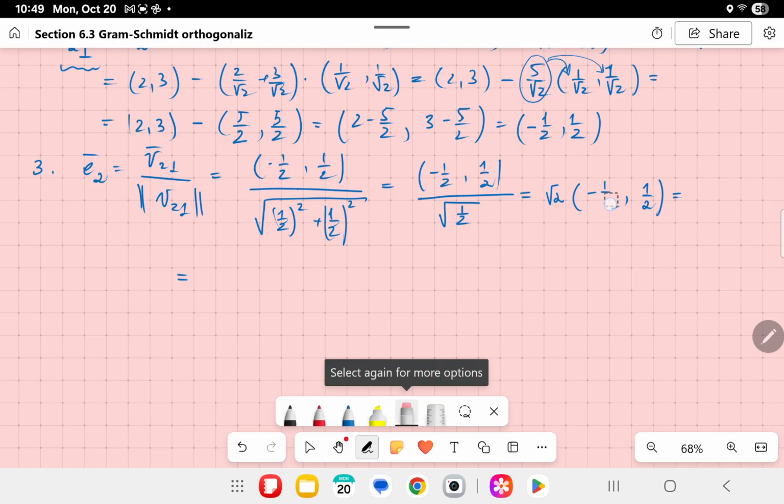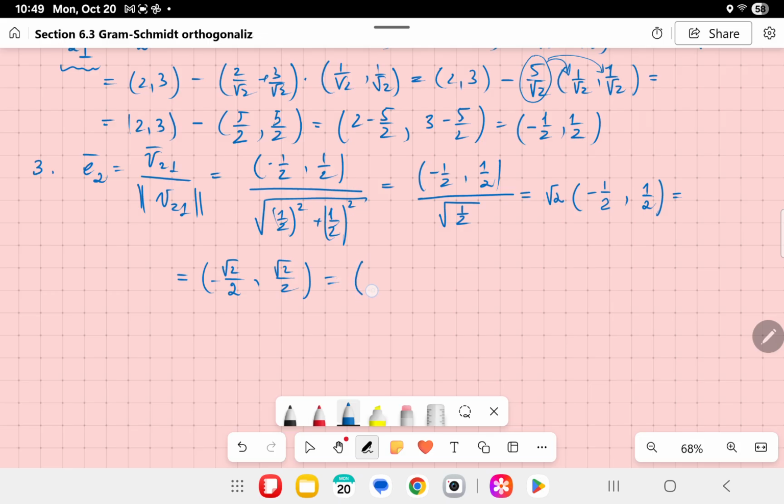It's not a square root, it's just 2. If I do this multiplication, I'm going to get square root of 2 over 2 is minus, and square root of 2 over 2, which is going to be -1 over square root of 2 and 1 over square root of 2. Well, that's my second vector.